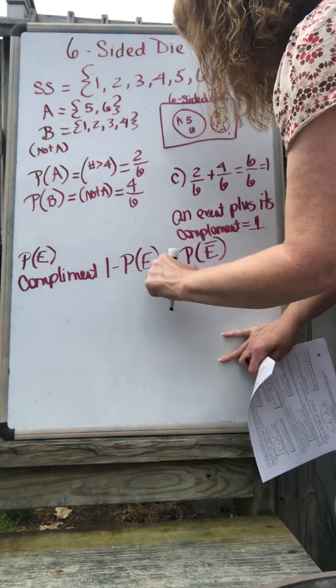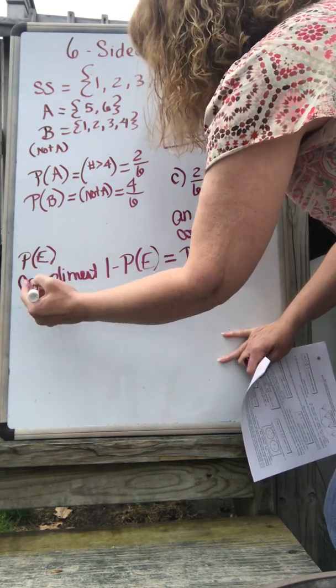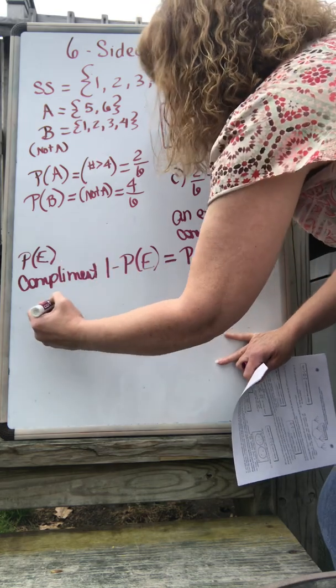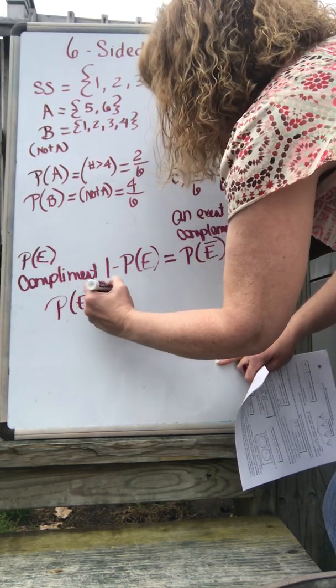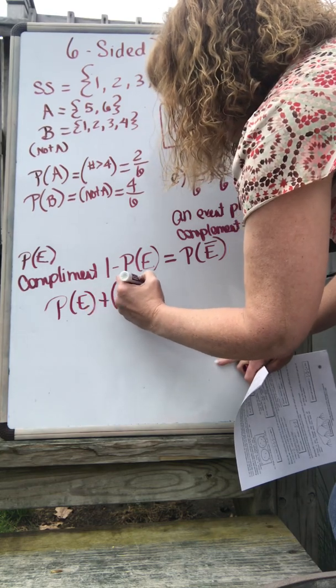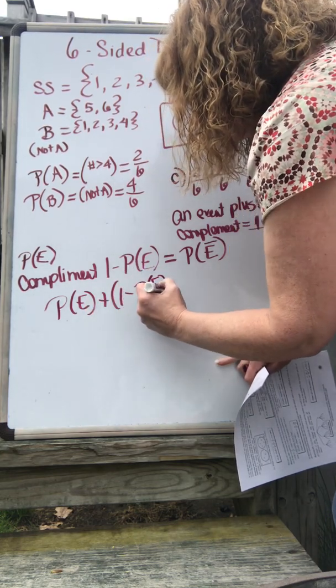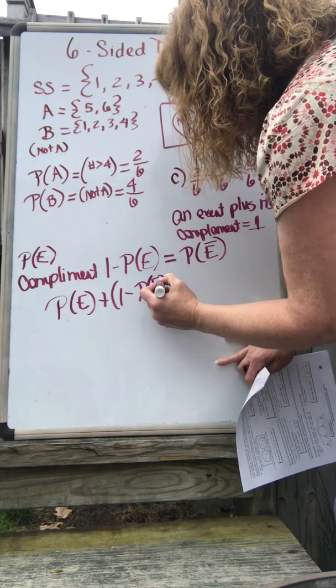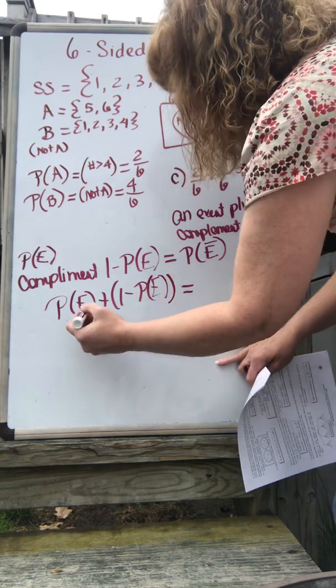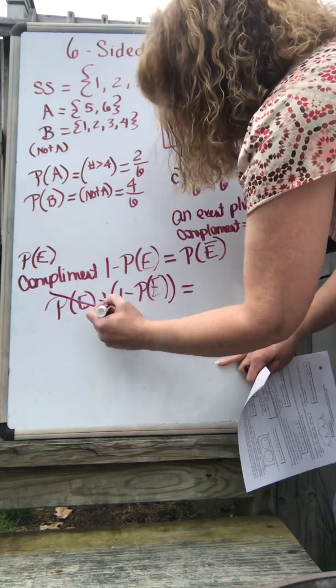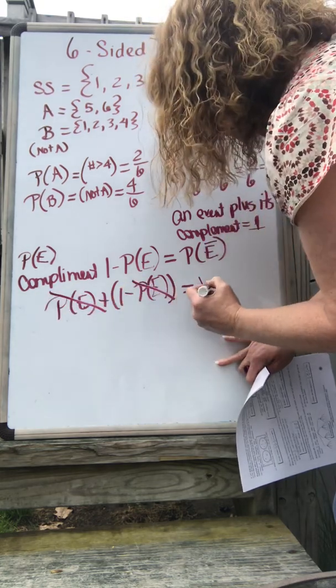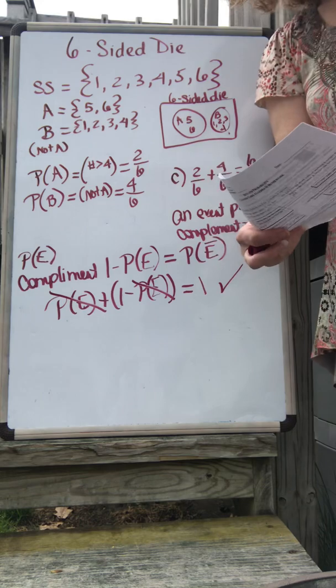See the not symbol? But if I add these two together, the probability of an event plus 1 minus the probability of that event, what does this equal? Well, the probability of an event plus and then negative, these guys cancel, I'm only left with 1. It's going to always work.